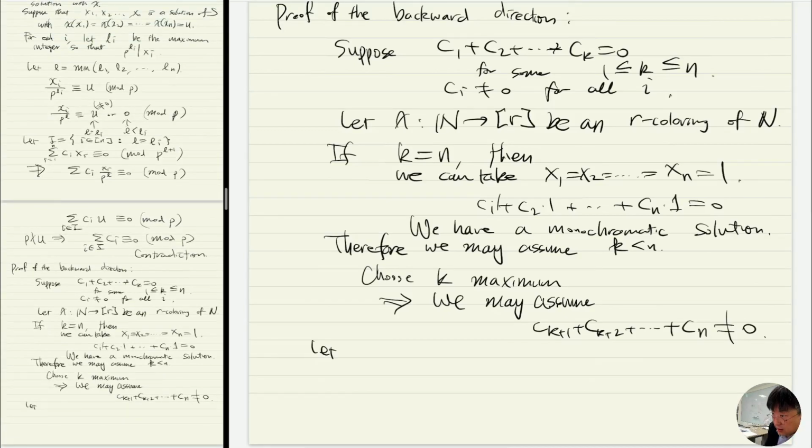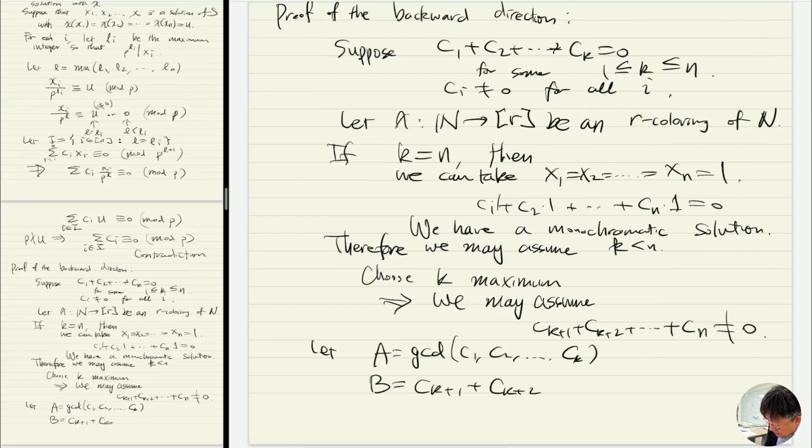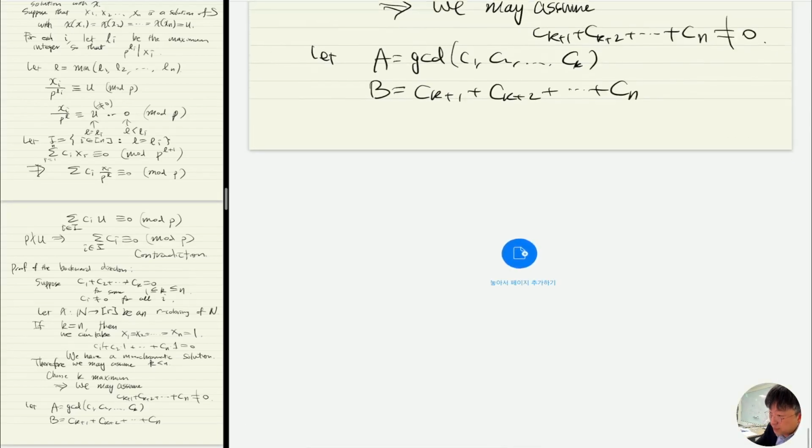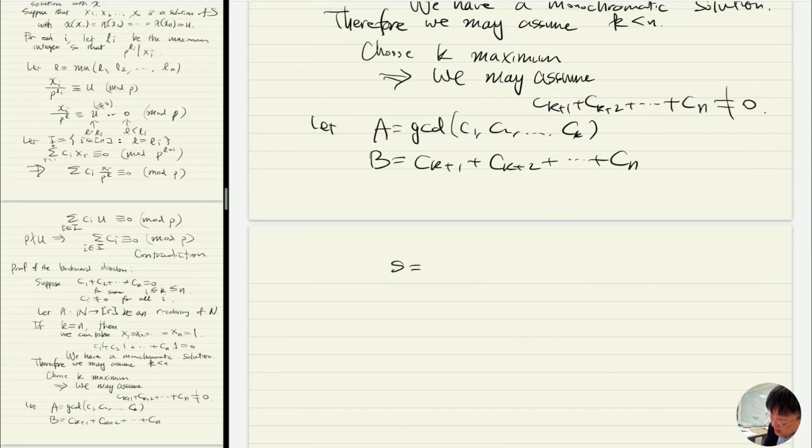Now let A be the greatest common divisor, GCD, of C1, C2, up to CK, and B be the sum of the remaining ones. Then let S be A over GCD of A and B, still an integer, and T be minus B over GCD of A and B. This is also an integer, right?